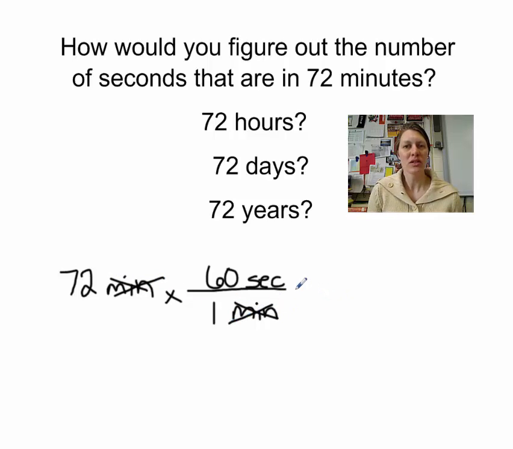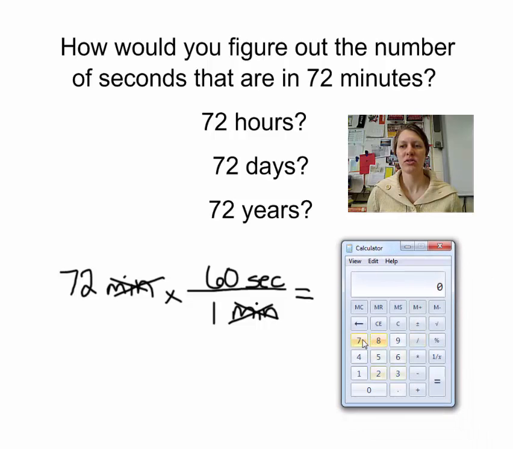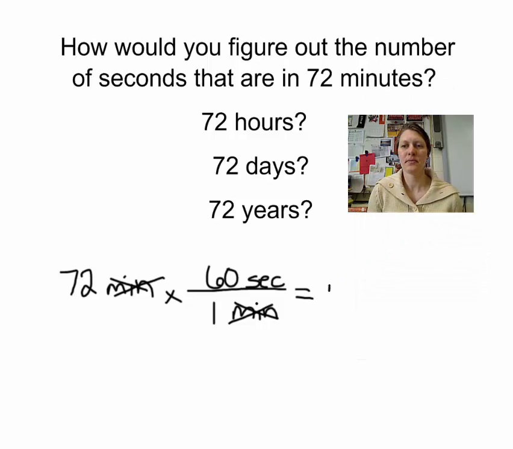So those units will actually cancel themselves out, and then we're left just with our seconds, which is what the question is asking for. So if I pull my calculator over here, and I go 72 times 60, I'm going to get my final answer of 4,320 seconds.